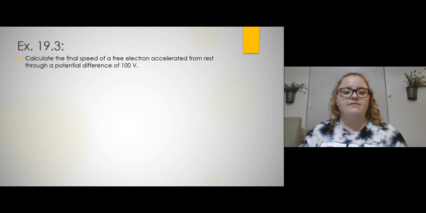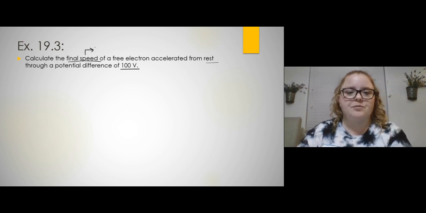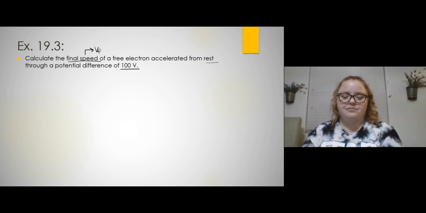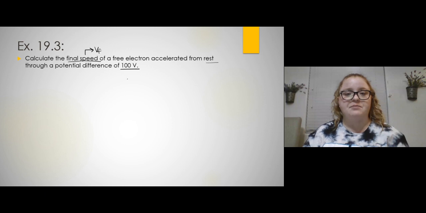We want to calculate the final speed of a free electron accelerated from rest through a potential difference of 100 volts. So our final speed would be V sub F, just like when we were looking at gravitational forces, or Newtonian physics. We're looking at kinematics.